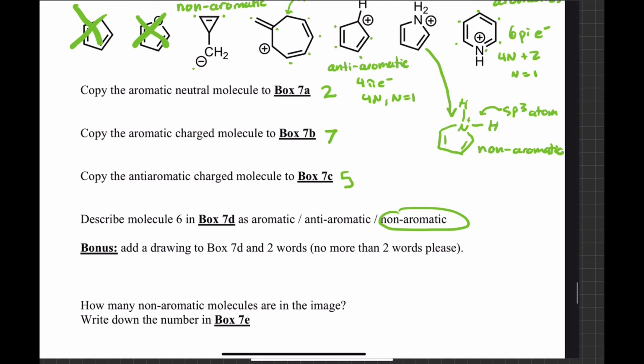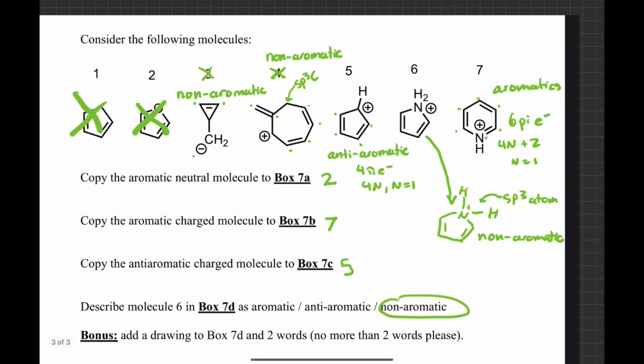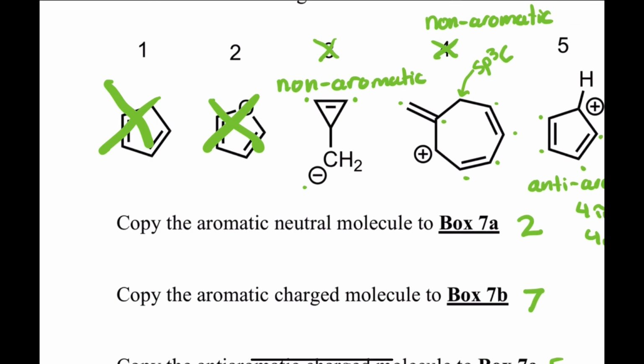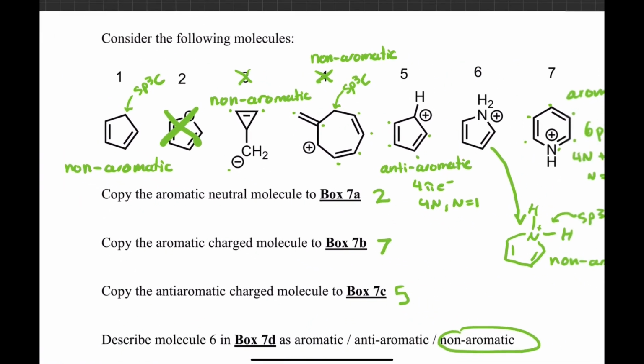7e. How many non-aromatic molecules are in the image? Since we already solved this, we can just count the number of non-aromatics. If I erase this, this is a non-aromatic too, as there's an sp3 carbon interrupting the flow of conjugation with the p orbitals.